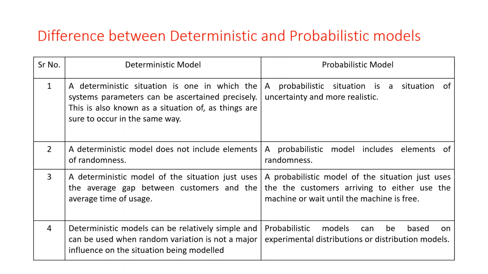The second difference is that the deterministic model does not include elements of randomness. So every time you run the model with the same initial condition, you will get the same result in the deterministic model. So most simple mathematical models of everyday situations are deterministic.